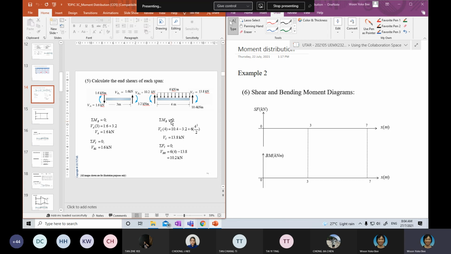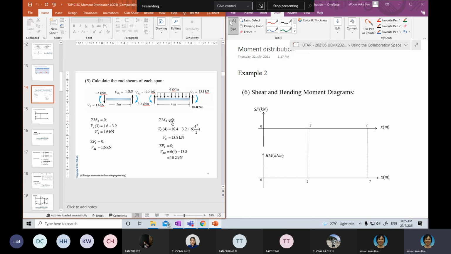And then after that, from the internal moments that we get from the analysis, we will plot out the shear force and bending moment diagram. Okay, so your course, in fact, for this entire essay 2 is up to drawing the moment and shear force diagrams.